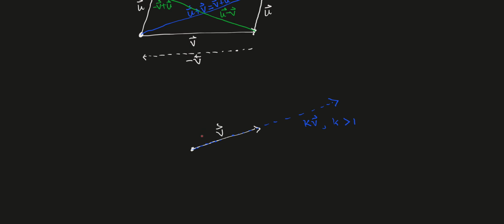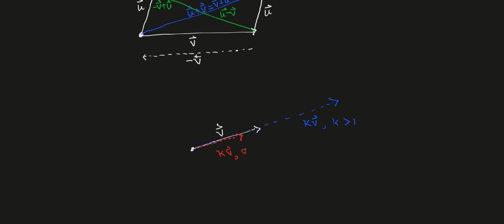If I have a vector that's shorter than v, but pointing in the same direction, it would still be a scalar multiple of v, but now that scalar multiple would have to be a proper positive fraction.